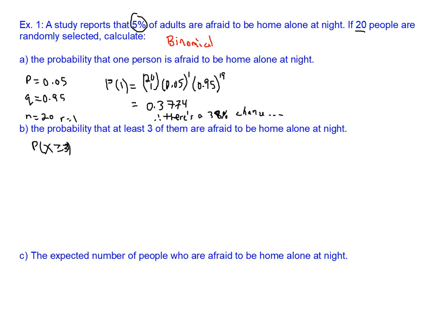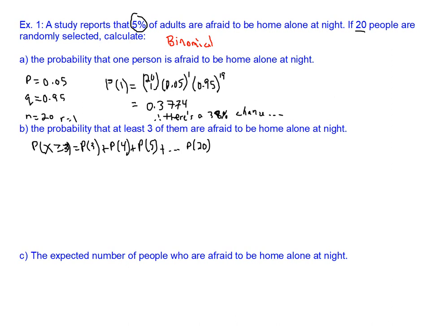Well, that means that we're looking for the probability that x is 3 plus the probability that x is 4 plus the probability that x is 5, all the way up to the probability that x is 20. That's a lot of calculations. This would be a perfect example of when to use the indirect method.